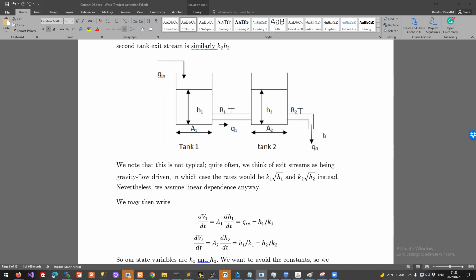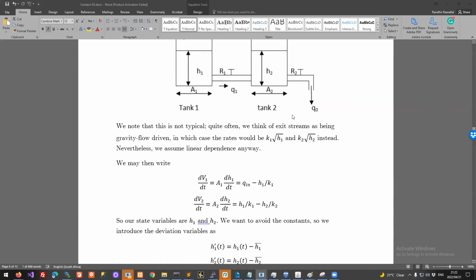However, the flow rate out here, or the height here, is then influenced by this first order. So there's a cascade of orders here. So there's a first order response we expect from here, but that is delayed by a first order response from the first tank. So overall, we suspect this would be a second order response.